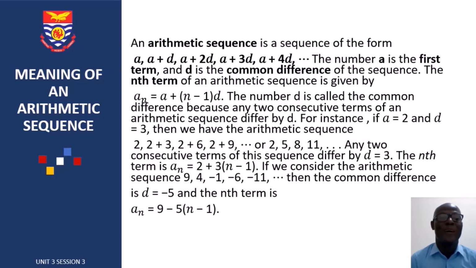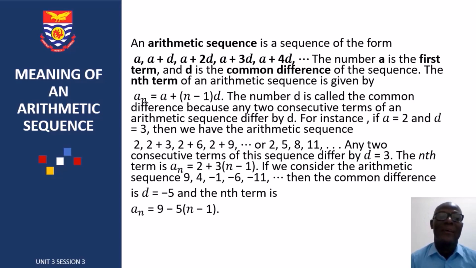Meaning of an arithmetic sequence. An arithmetic sequence or progression is a sequence obtained by adding a constant number to a preceding term to obtain the subsequent term.